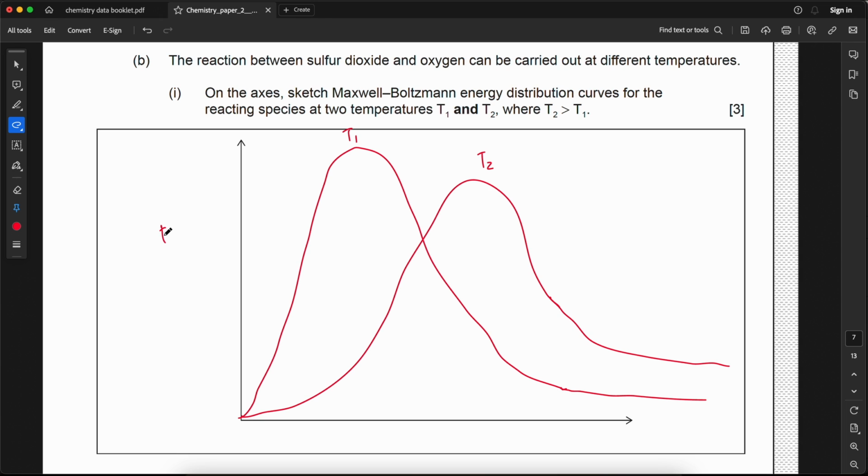For the y-axis, label fraction of particles, and for this one, kinetic energy. So it has more particles for T2, more particles here that have higher kinetic energy. That's why T2 represents the higher temperature and is slightly to the right and has a lower peak to show that they have more particles that have higher kinetic energy.